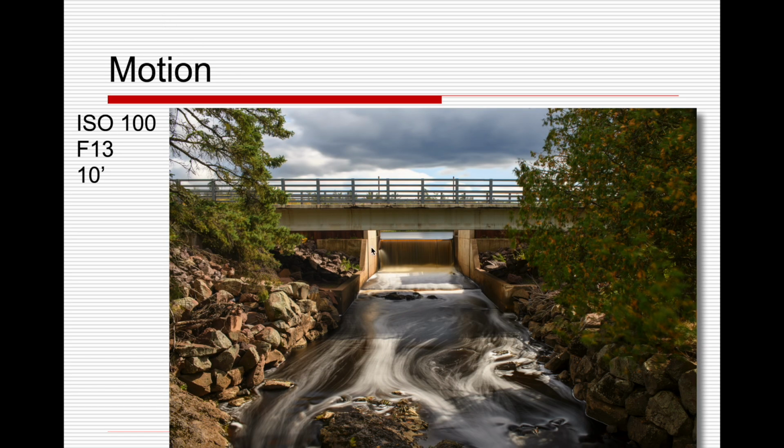In this picture we see a spillway, and there's a little bit of a spray coming off the side, and you notice that this is a 10-second exposure, not 10 minutes, 10 seconds at f13 at ISO 100.